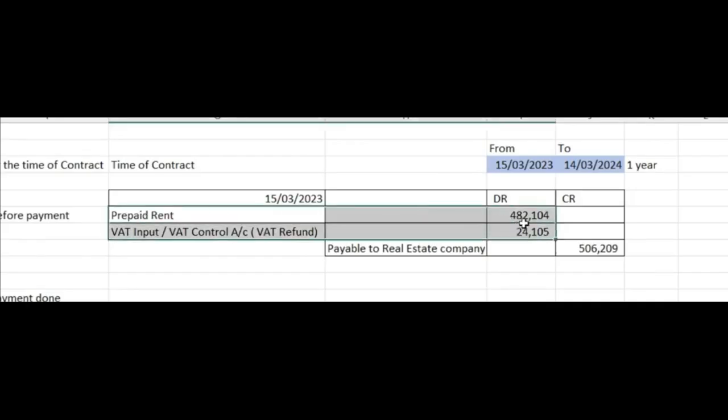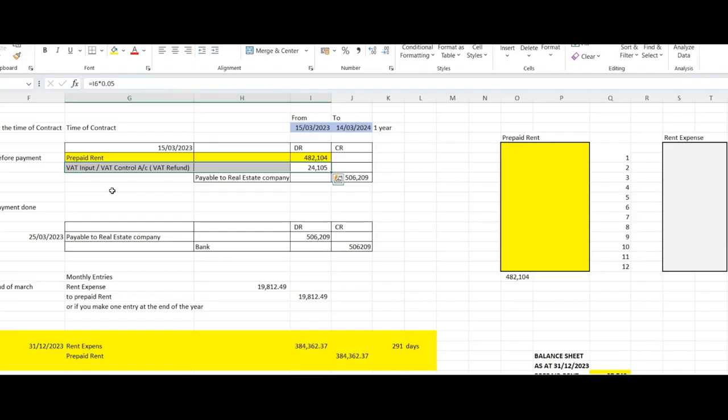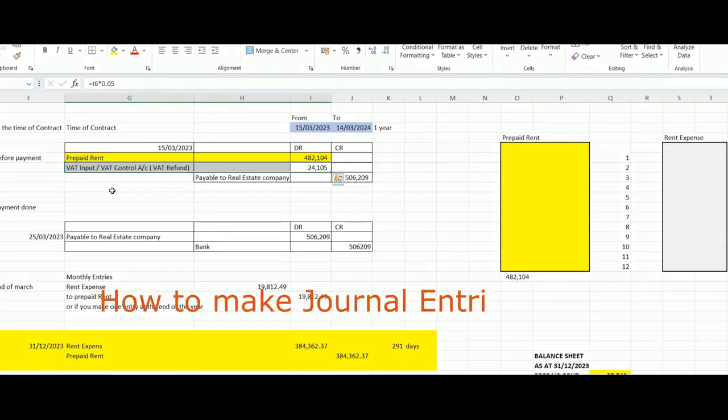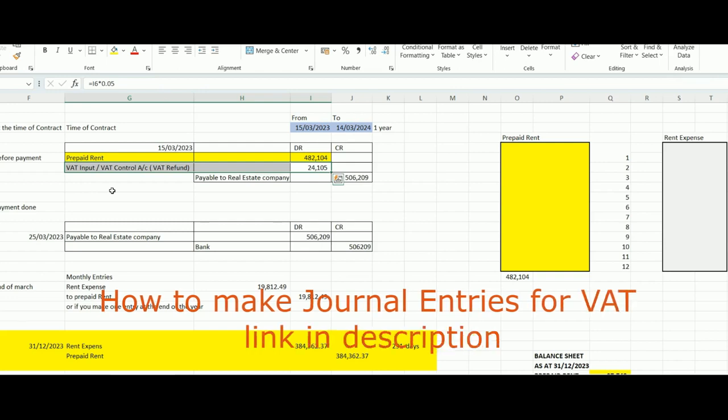We will debit prepaid rent without the VAT amount. Then we will debit our VAT input account, VAT control account or VAT refund account, whichever account you are using. I have a separate video on how to make journal entries for VAT; you can see that as well for more concept clearance.